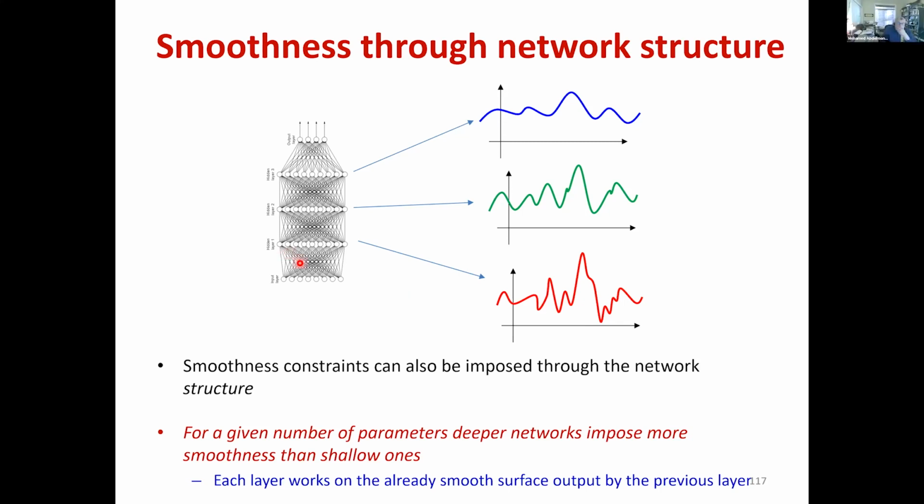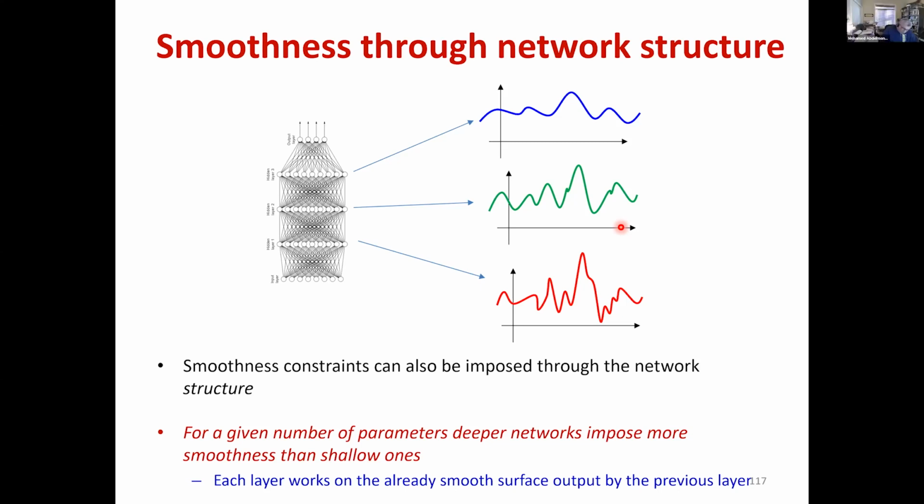And the only time things are going to keep magnifying is if the singular vectors of all of these weight matrices line up, although typically they won't. So a direction that gets magnified by this weight matrix is going to get squished by the second matrix. So the net effect is that as you keep adding layers, the overall function gets less and less peaky and more smooth. Does that make sense?